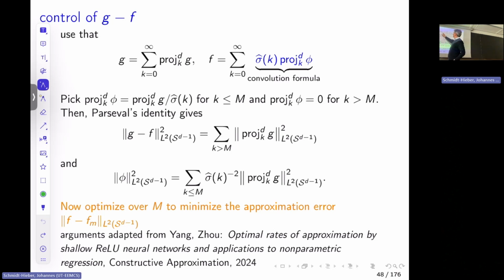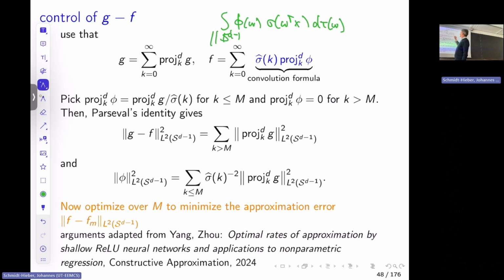The nice thing is that this infinite width network has a convolution type property: the projection of f factorizes into something that only depends on the activation function and something that only depends on phi. And what is phi? In this case, we say that f has this representation of sigma of w transpose x d tau w, where tau is the uniform measure on the sphere S^(d-1).